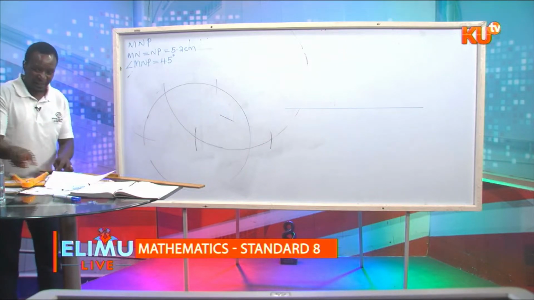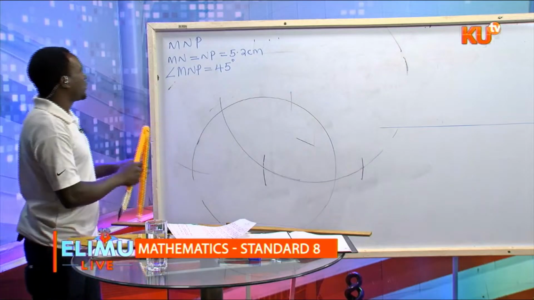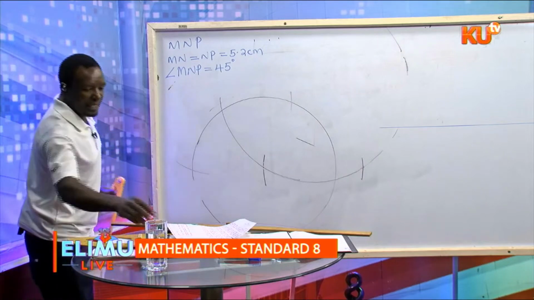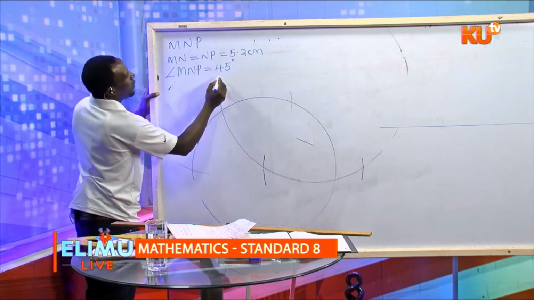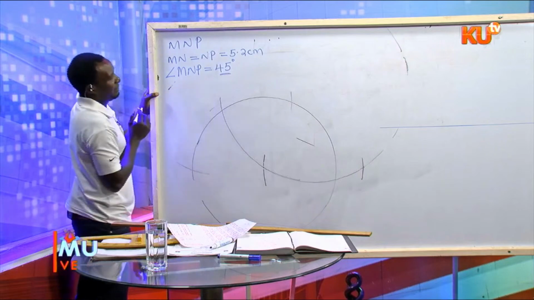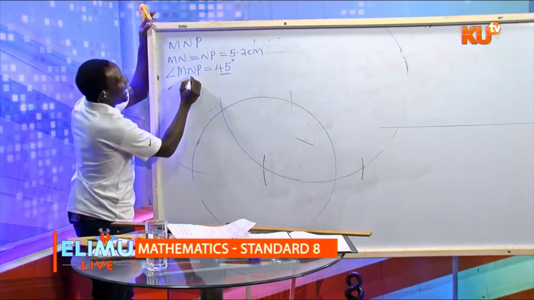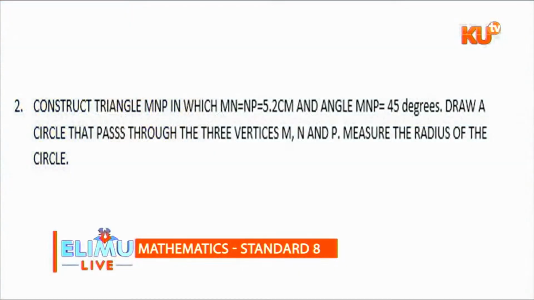Take your compass. After taking your compass, look at this angle, because this is the one which is going to guide us. We have N, which is at the center. This N, this is where I told you we are going to place the protractor.